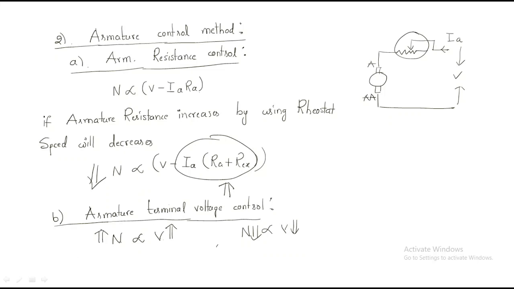Yes. What is V here? V is this applied voltage. Applied voltage is nothing but terminal voltage. Here the V is the terminal voltage. Terminal voltage is nothing but the supply voltage. Here speed can be varied by varying the voltage.